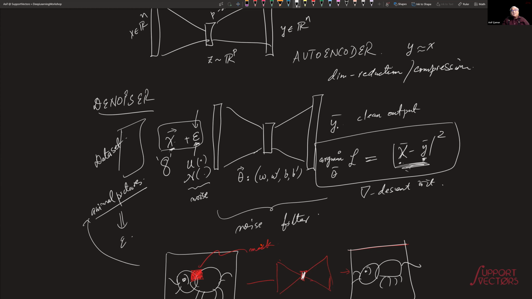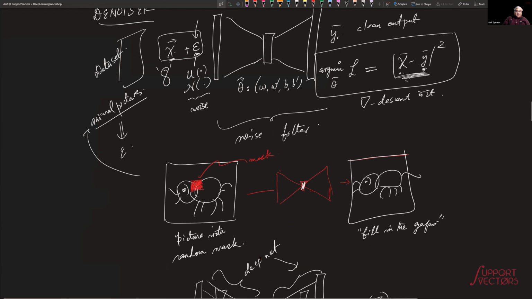Then you can use it for something else. For example, you take an image X and then you apply a mask. So you have X plus mask. You deliberately put a random mask M somewhere in the picture. But when you feed it through in the training process, you ask it to recover the actual image, fill in the gaps, right?